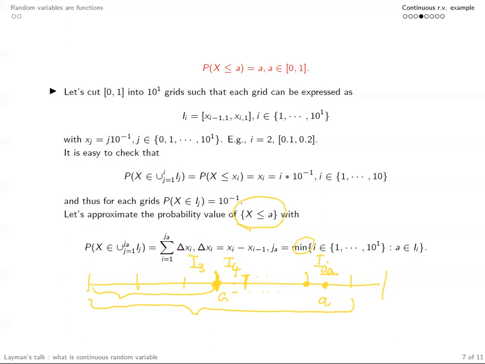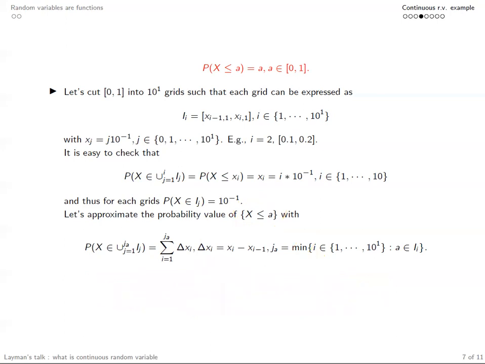From the graph here, it's not very hard to check that the approximation is not always exact, but it's very close to the value we care about. Right? The difference from the targeted value here is always smaller than 10 to the power minus 1.